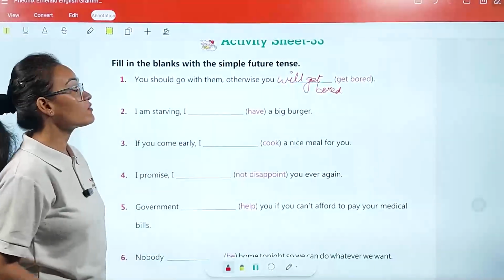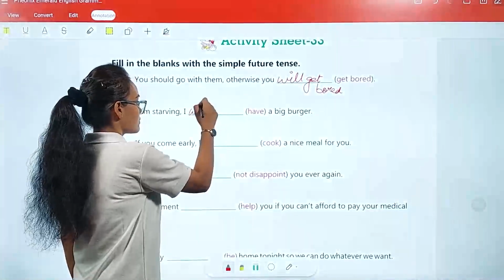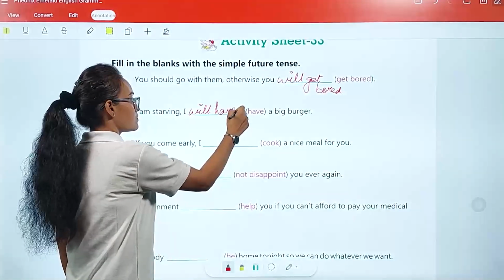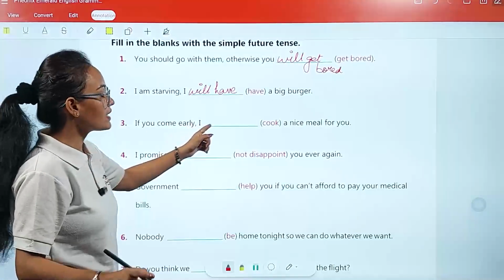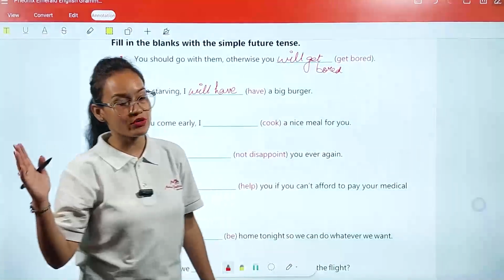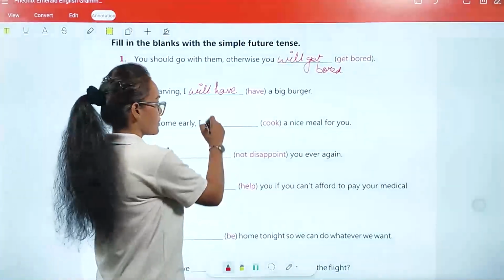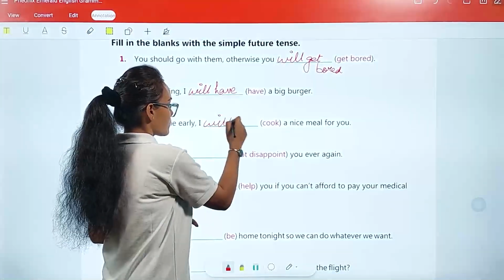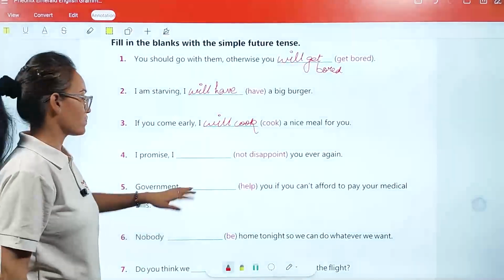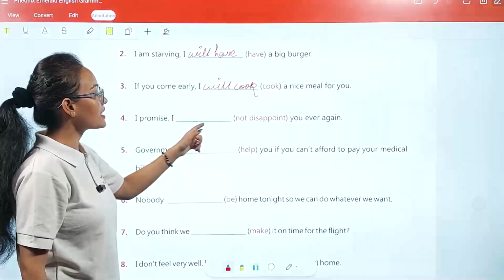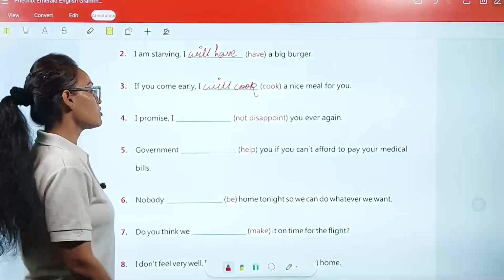I am starving. I will have a big burger. Third one, if you come early, I, cook a nice meal for you. I will cook a nice meal for you. Fourth one, I promise I, not disappoint you ever again. I promise I will not.